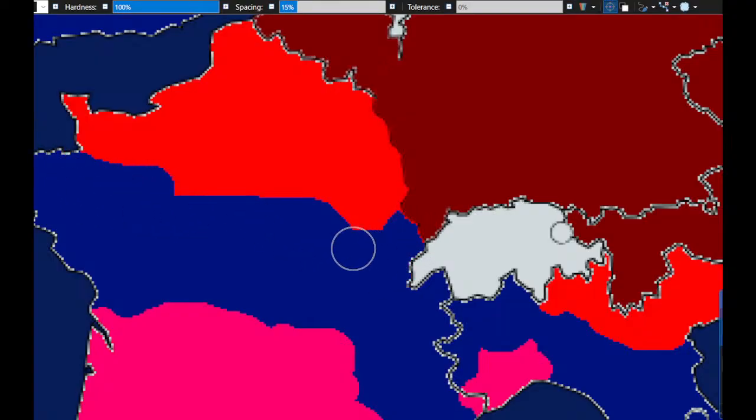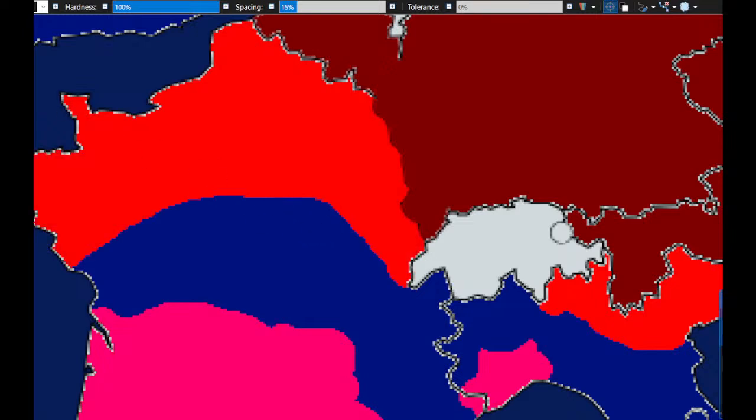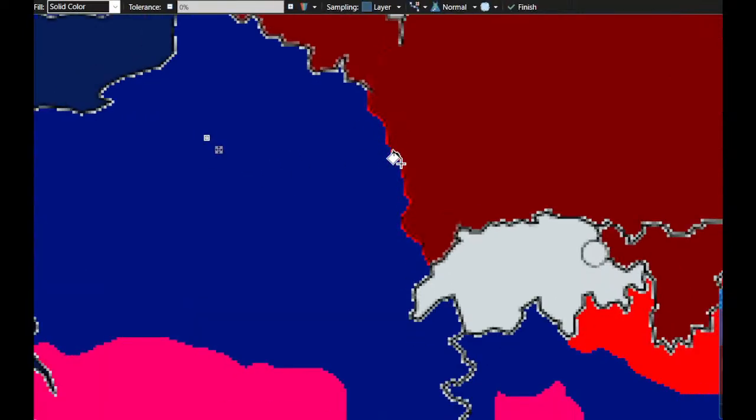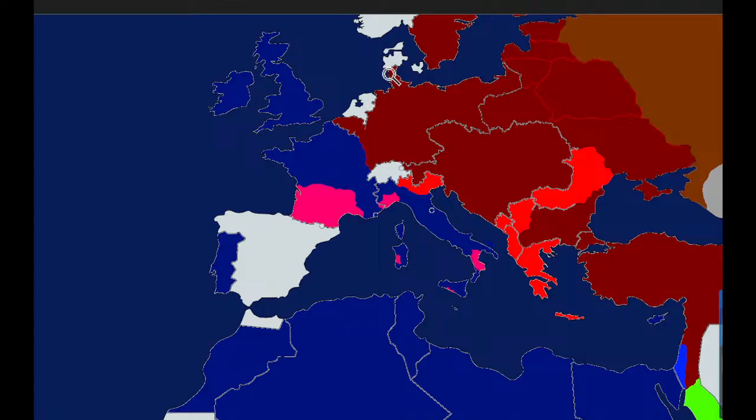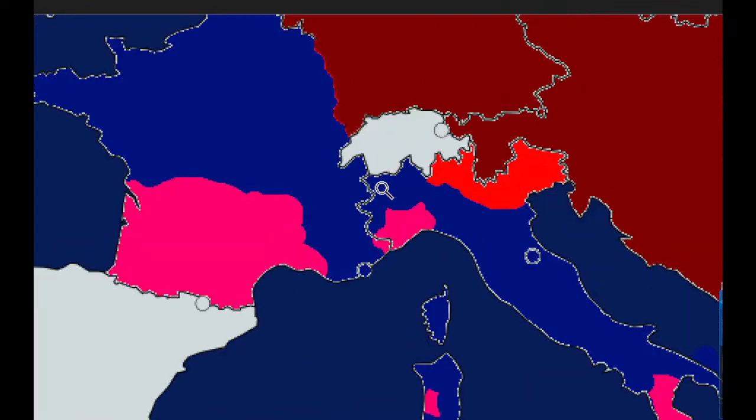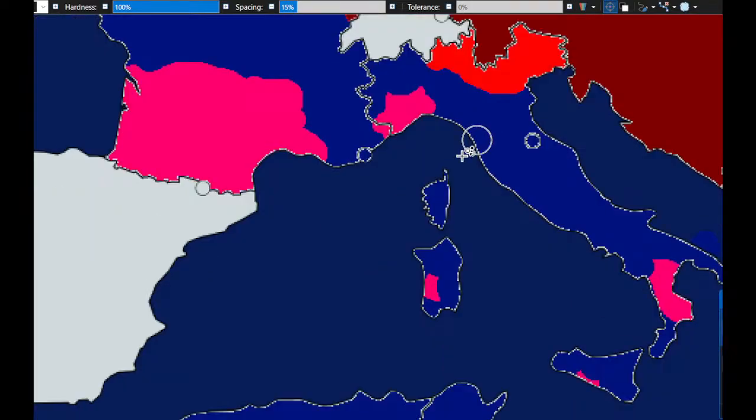So this is a major victory for the French provisional government, which now finally controls the rest of France again.